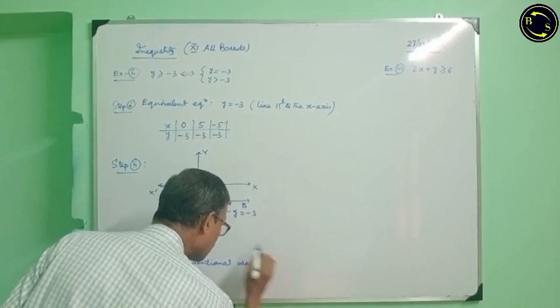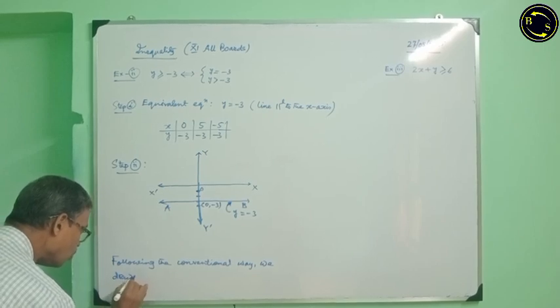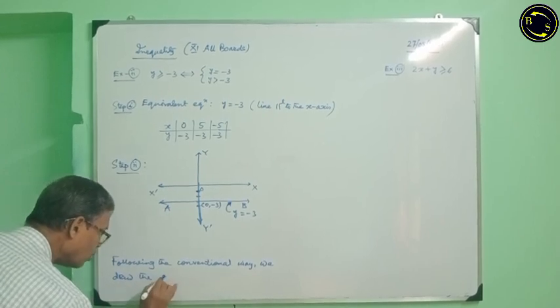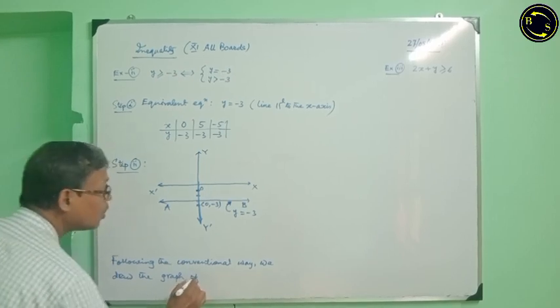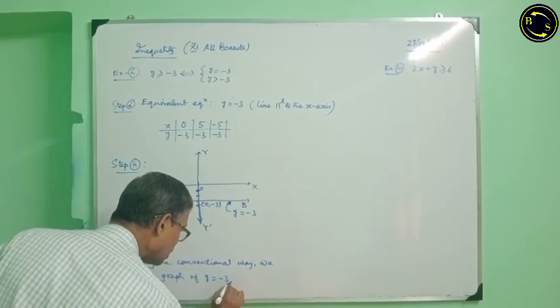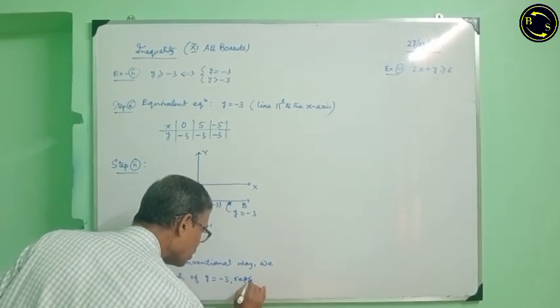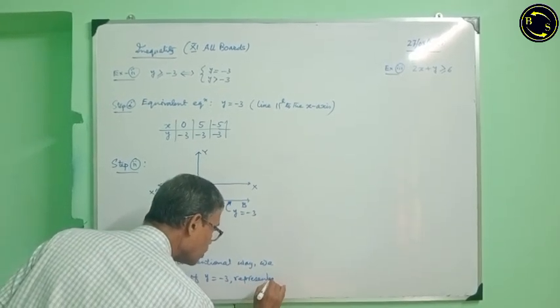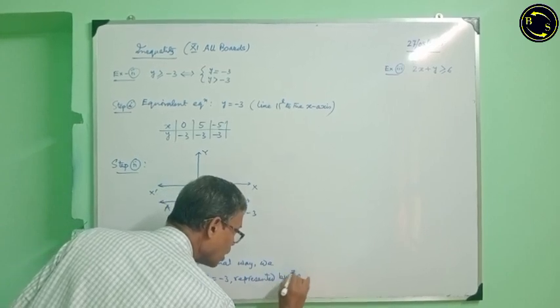We draw the graph of y is equal to minus 3 represented by AB straight line.